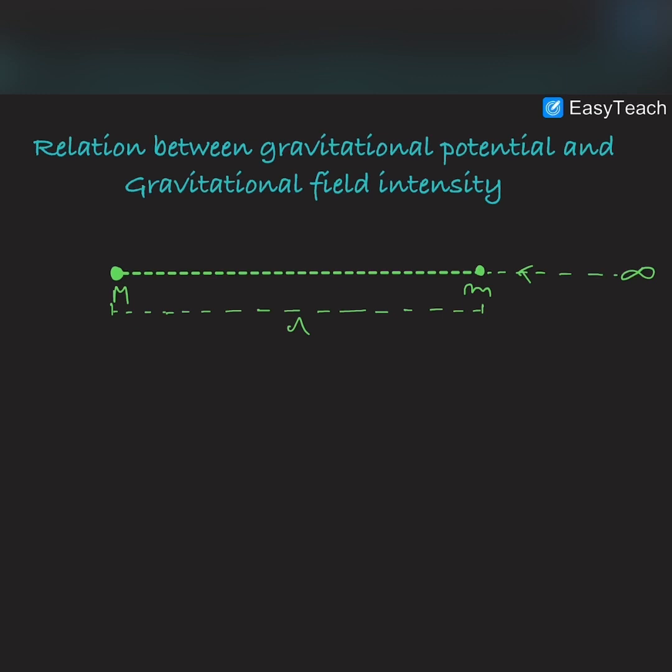In this video, we are going to discuss the relation between gravitational potential and gravitational field intensity. So in this case, you can see that there is a mass m here, and it is creating some gravitational field at this point.